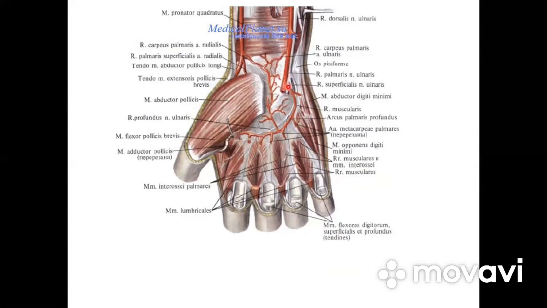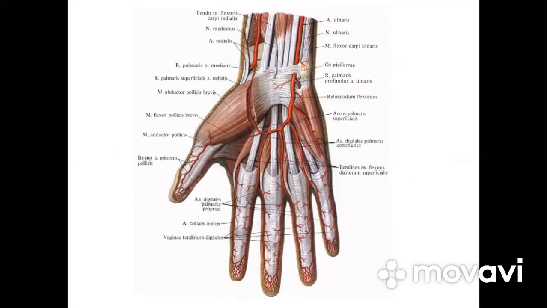The last branch which begins from the ulnar artery is named the deep palmar branch, which joins with the terminal part of the radial artery and closes the deep palmar arch. The terminal part of the ulnar artery joins with the superficial palmar branch from the radial artery and closes the superficial palmar arch.